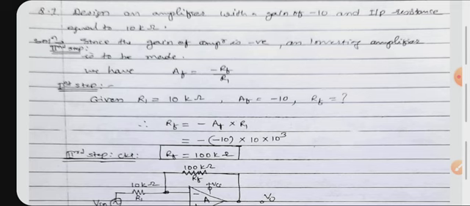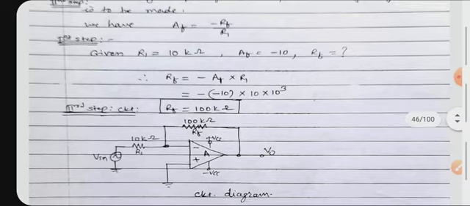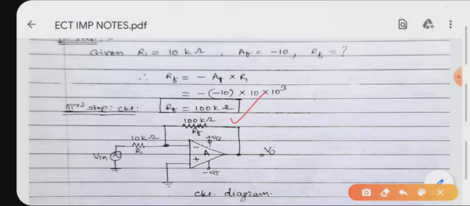So second step, after listing out what is given, write down the formula, keep the values and calculate the value of RF. You will get it as 100 kilo ohm. And last step, don't forget to draw the circuit diagram with all component values. Here R1 is equal to 10 kilo ohm, RF is equal to 100 kilo ohm, plus VCC, minus VCC, Vin, VO, etc.